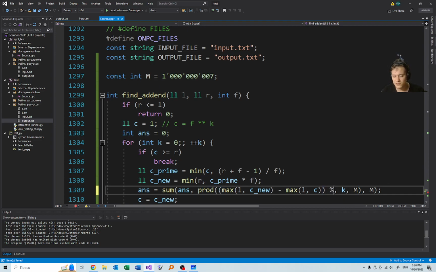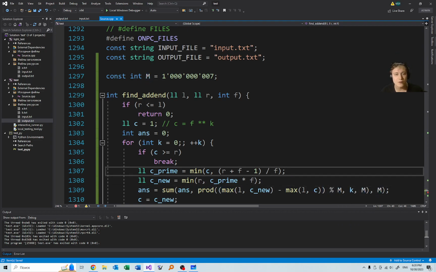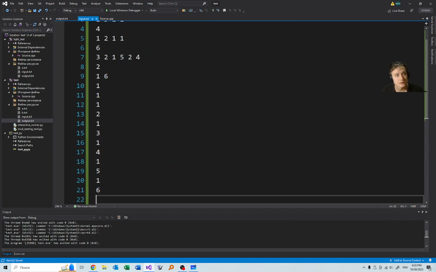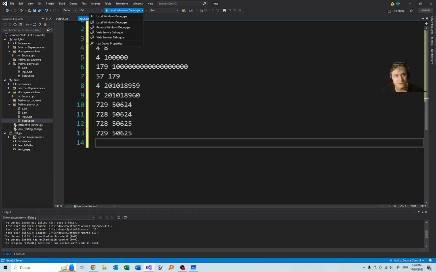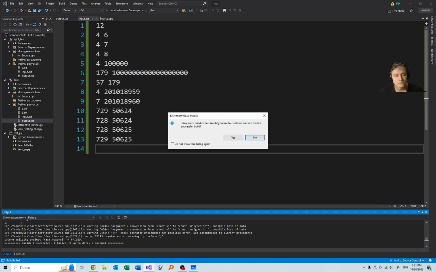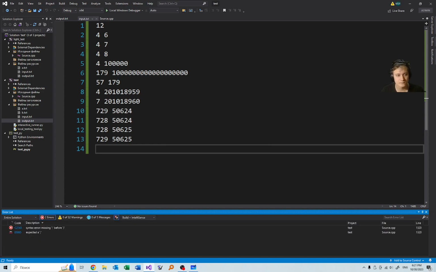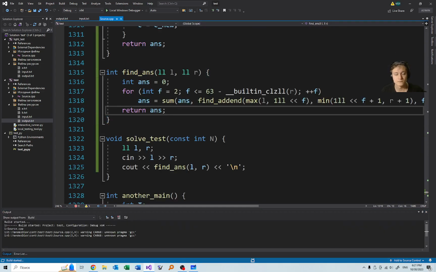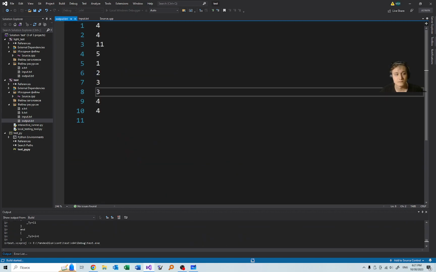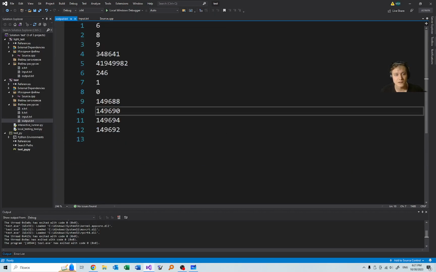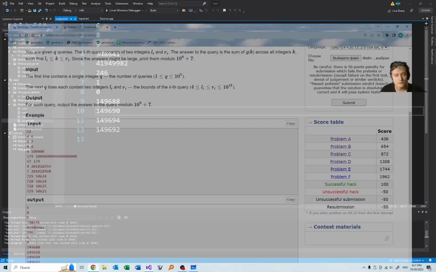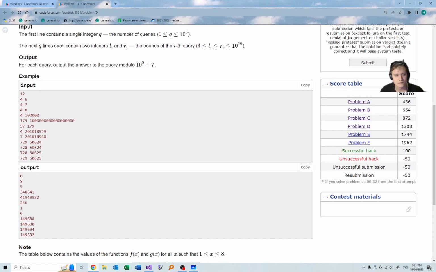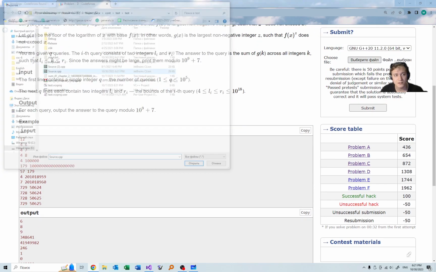So here we need to take %m. Now I believe this is fine. But let's check the sample. Six, 8, 9. Yeah, everything is correct. I believe it should be accepted now.